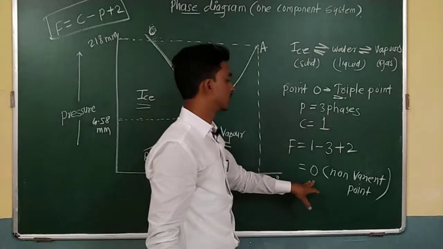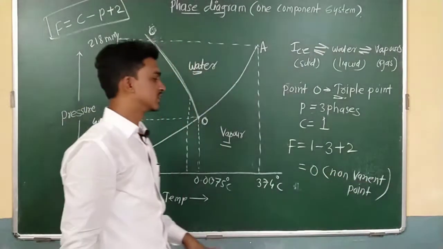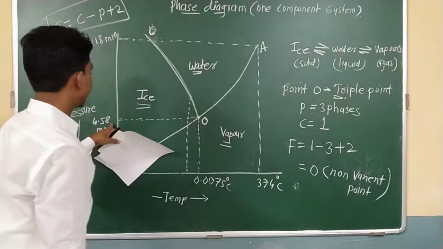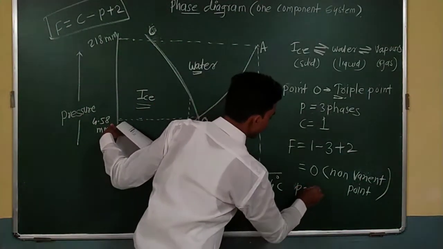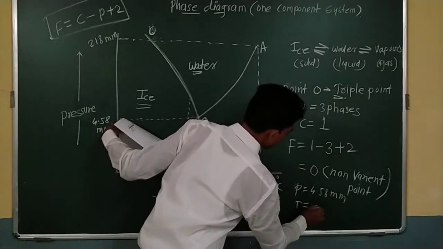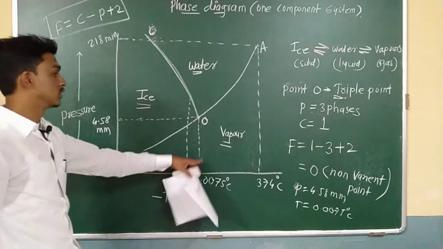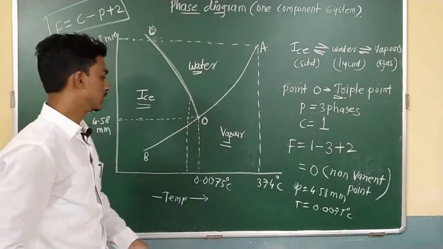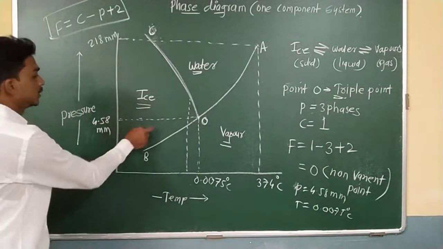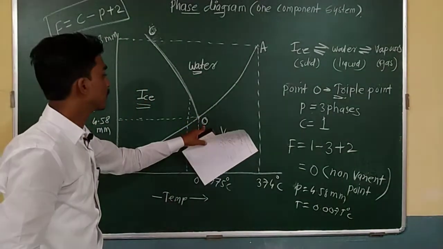By the phase rule, the degree of freedom is 0, so we say this is a non-variant system at point O. The pressure is 4.58 mm and the temperature is 0.0075 degrees Celsius. This is the calculated value, so I am writing directly 0.0075 degrees Celsius and 4.58 mm pressure. This is related to point O.